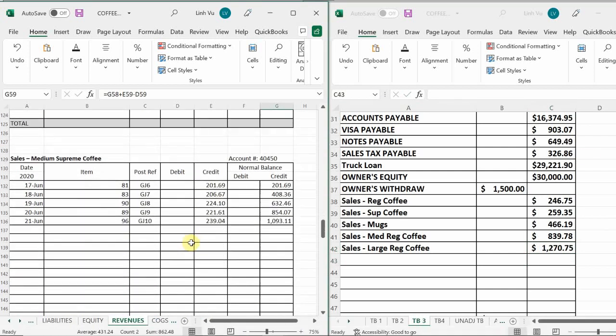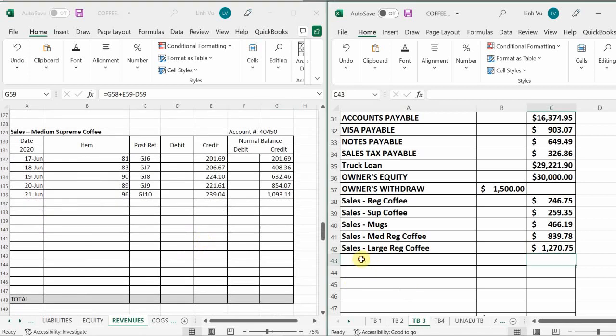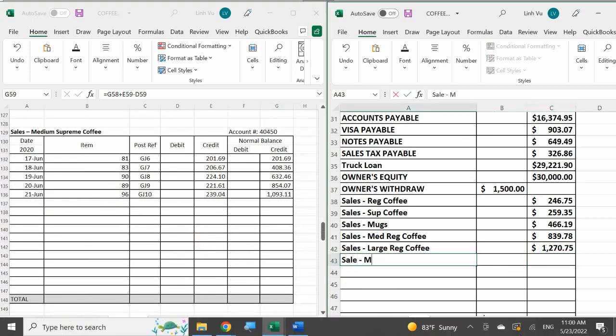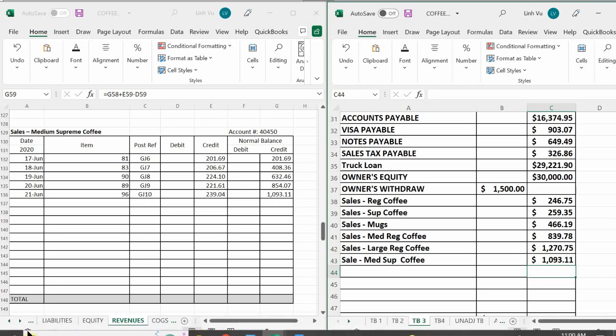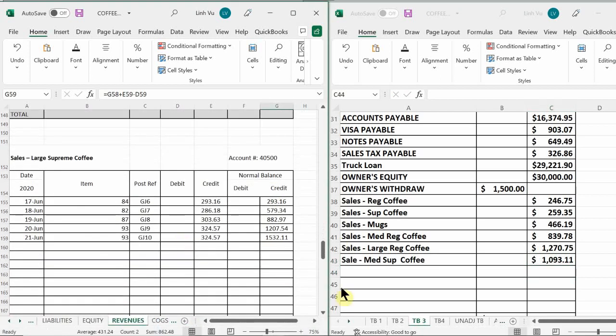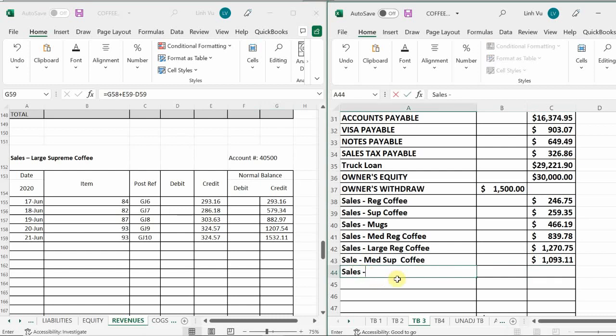Next I have my sales for medium supreme coffee. How much is that? 1,993.11 credit. Good. And then my large supreme coffee, 1,532.11 credit.